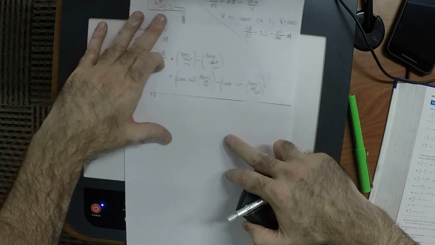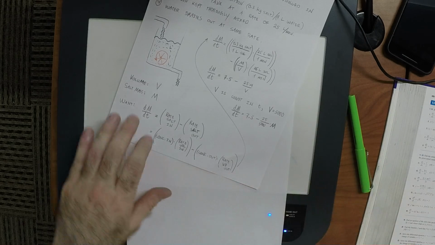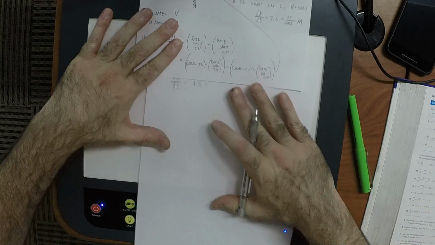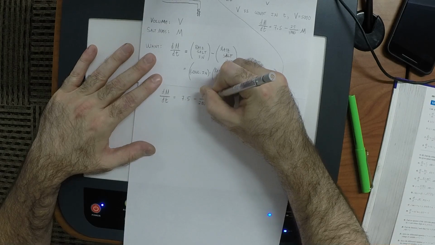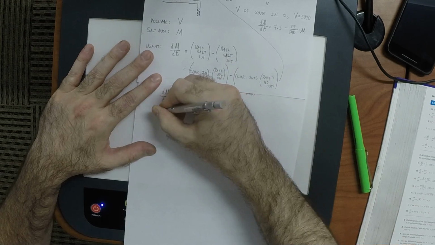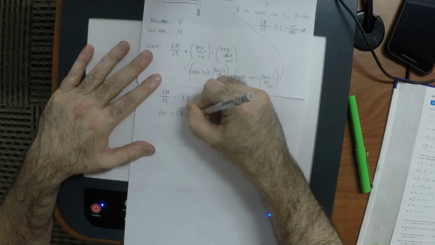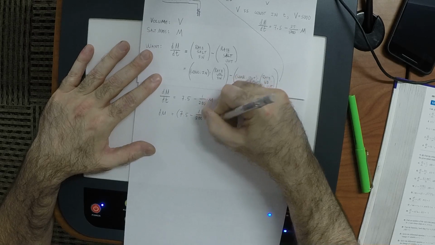Let's check that. Oops, 200. Wow, how was I so off? Okay, so this would be 1 over 200 m. Then moving the dt over, we have dm equals 7.5 minus 1 over 200 m, times dt.